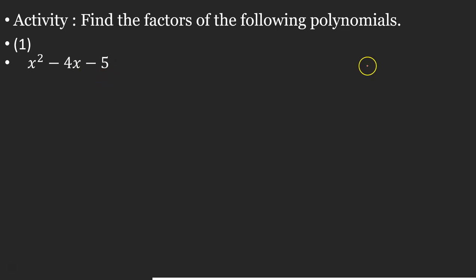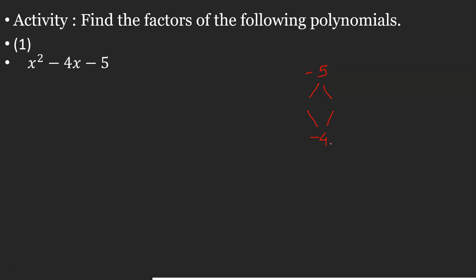minus 5 is a constant, 1 into minus 5. Okay, and next we find the two numbers such that whose product is minus 5 and their sum is minus 4.